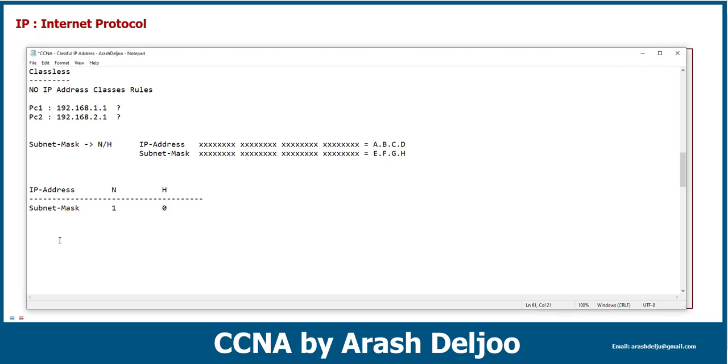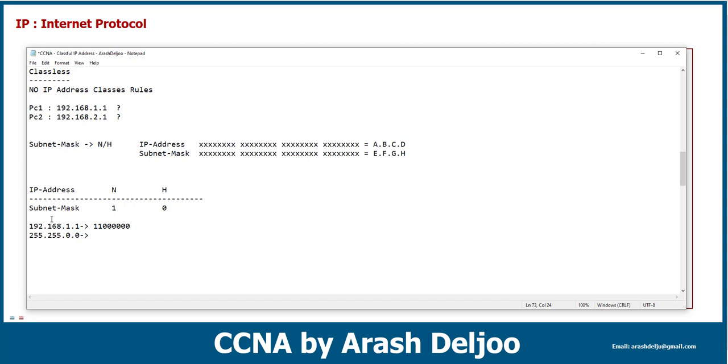For example, 192.168.1.1 with this subnet mask: 255.255.0.0. What is the meaning of 255.255.0.0? Let me write these two values in binary format, only for better understanding. 192 equals 11000000.